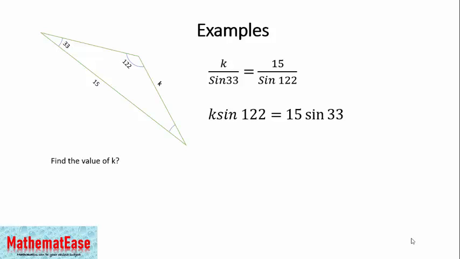Then I can divide both sides by sine 122. You know it's K I want to find. So I have K is equal to 15 sine 33 all over sine 122. Now, if I put this in my calculator and divide, I will get the value of K, which is K is equal to 9.63. Approximately, I can say to one decimal place it is 9.6.